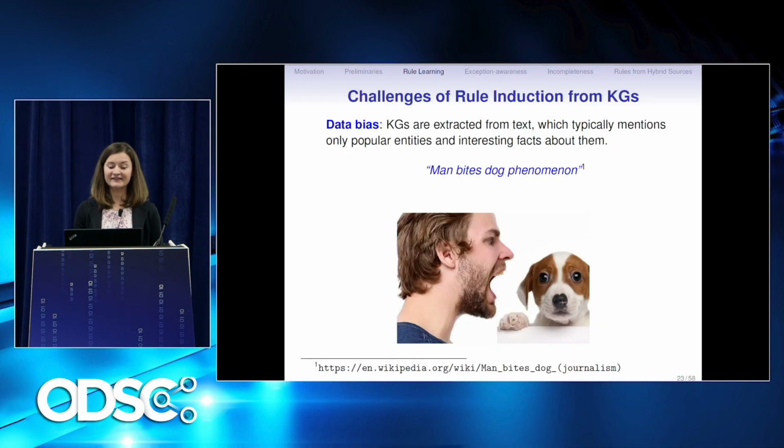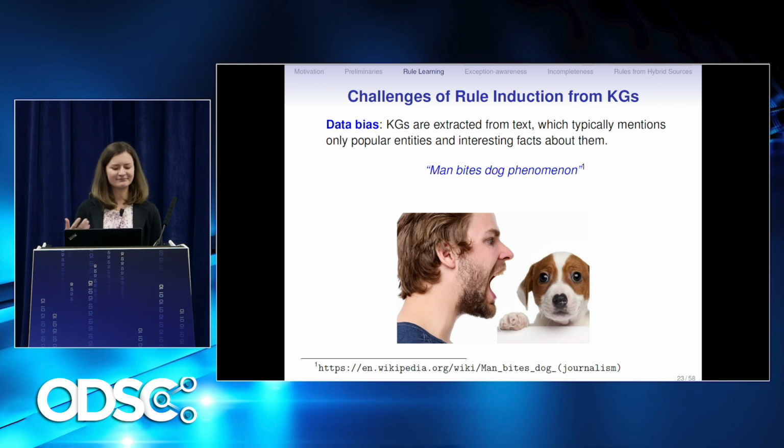Now, another issue is data bias. Knowledge graphs are extracted from text, which typically mentions only some interesting facts and popular entities. This goes along with the man-bites-dog phenomenon, which intuitively states that in text you would mention that a man bites a dog, but you would never mention that a dog bites a man, because this is a typical thing.